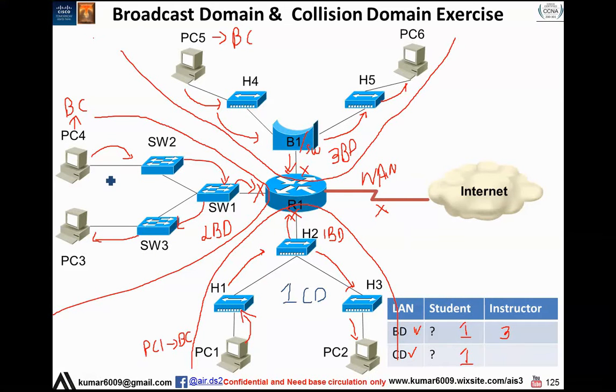Okay. This port has one, second collision domain, third collision domain, fourth, fifth, sixth collision domain. As I told you, switch and bridge have the same function: seventh collision domain, eighth collision domain, ninth collision domain. So total how many?